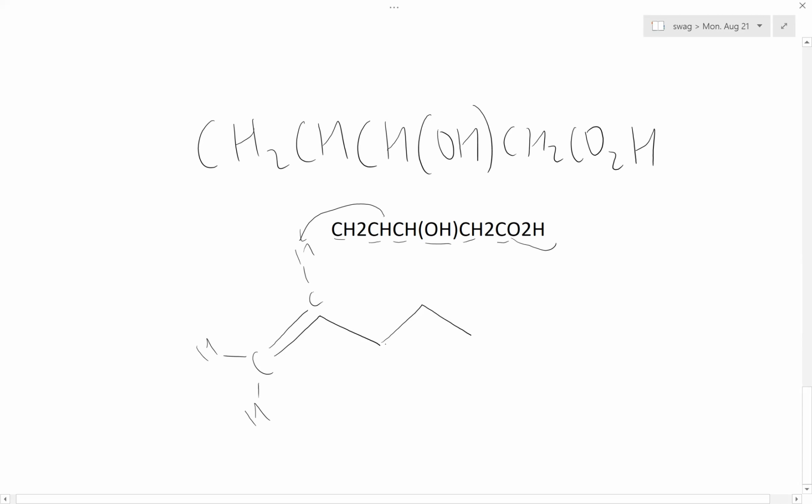So now we're going to look at the next carbon, which is this one. Okay. So for this carbon, I think we're missing a carbon actually. You have this carbon, this carbon. Oh, okay, yeah. So this carbon has an H, but what else do you think is going to be bonded to this carbon?